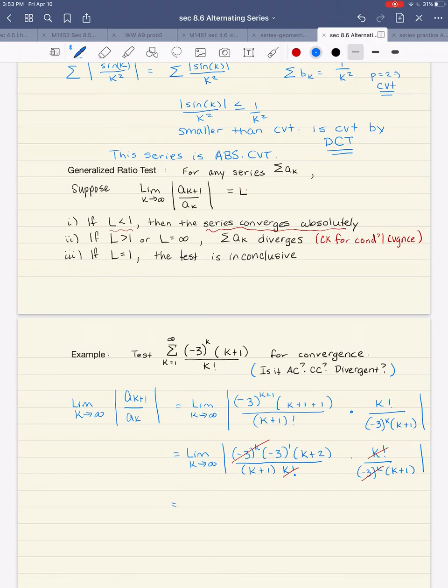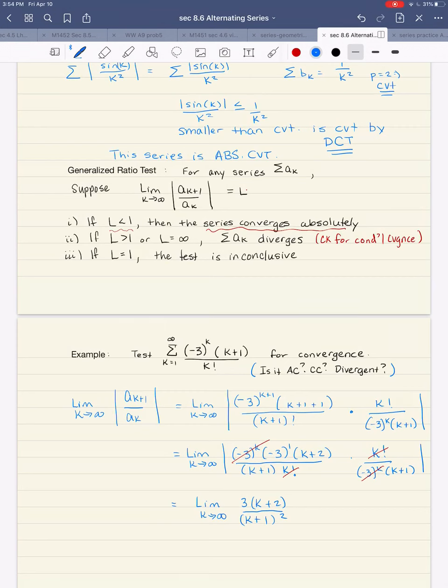And let's rewrite what we got. I've got the absolute value of -3. That's just going to be a 3. Then I've got a k plus 2 up here, and then a pair of k plus 1's multiplied downstairs. I don't need the absolute value bars because now everything's positive.